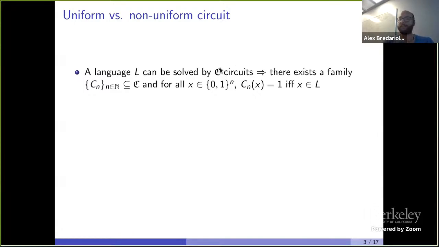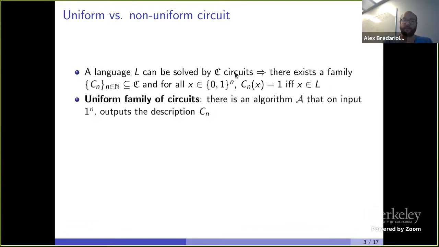But there is some detail that I glossed over, which is how this family of circuits appears. The point is, each circuit here is for a different input size. For an input size, let's say n, we have a specific circuit that computes the output of the function for all inputs of that fixed input size, and then for n plus 1, you might have a different circuit that computes whether the input belongs to the language for a different input size.